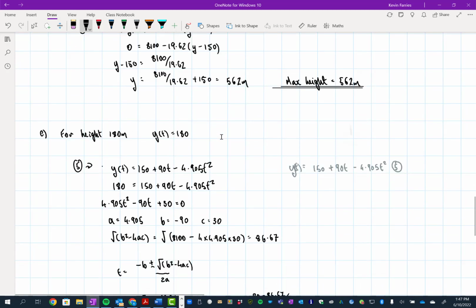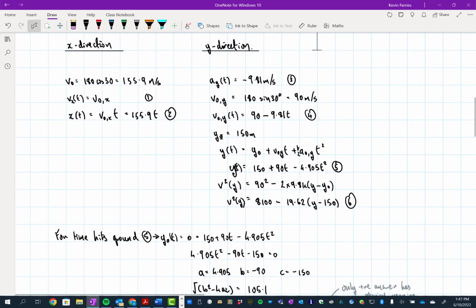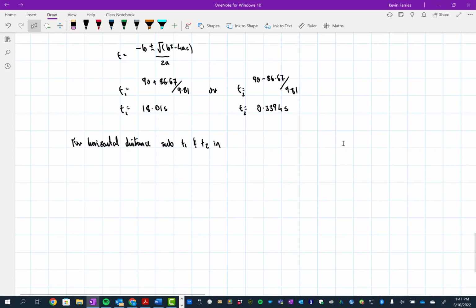We want the equation for the horizontal distance at time t, which was equation 2, which is this one. Let's just drag that down.